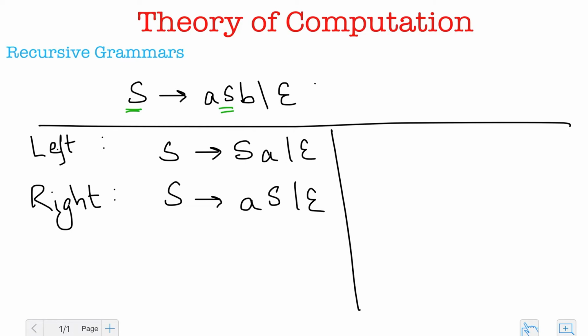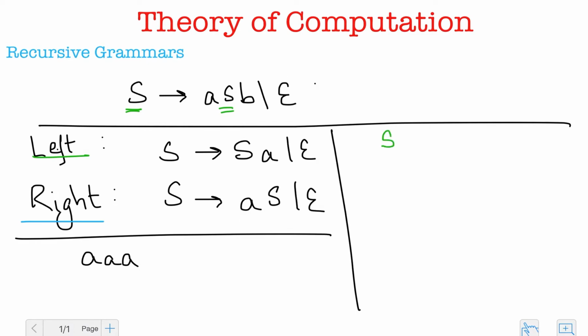So let's consider a string. Let's just say I have AAA, and let's say I'm using the first grammar that's here. So if I use the first grammar, I'll get S yields SA.